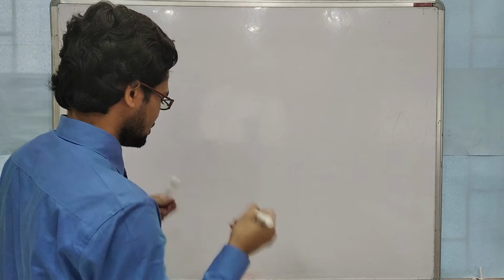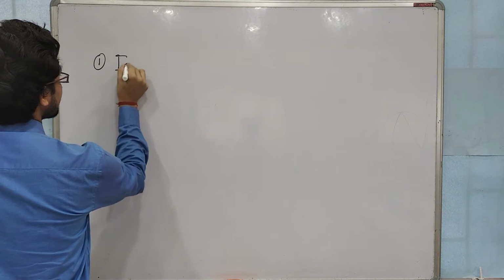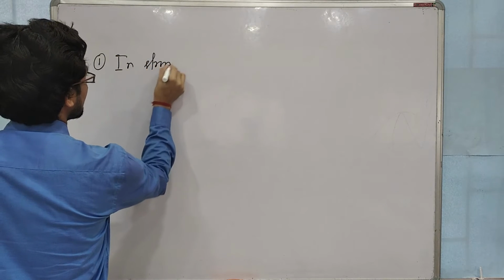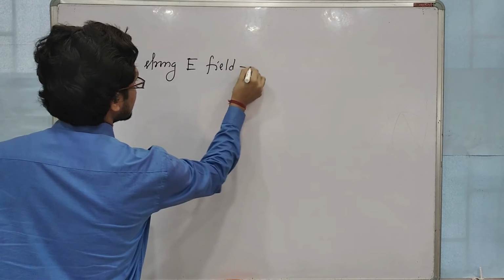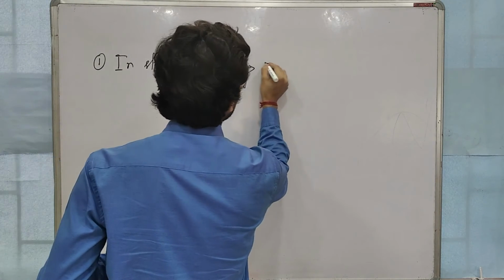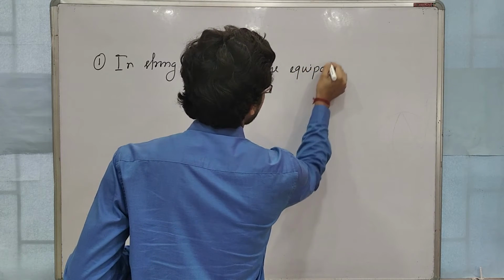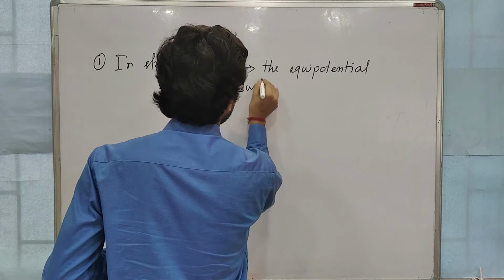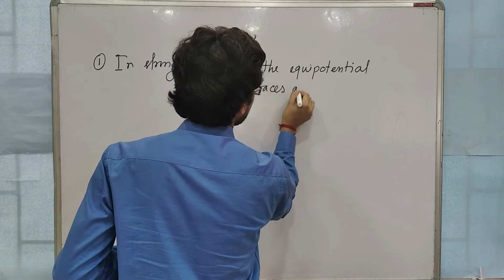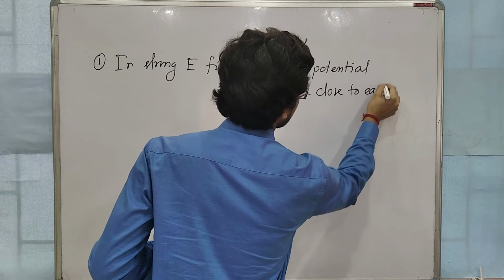So in the last class I told that, first point, in strong electric field region the equipotential surfaces are close to each other.